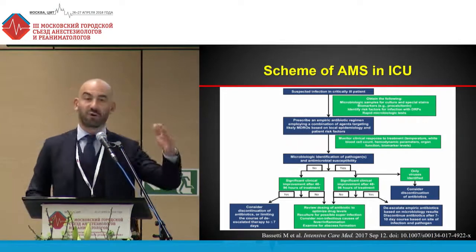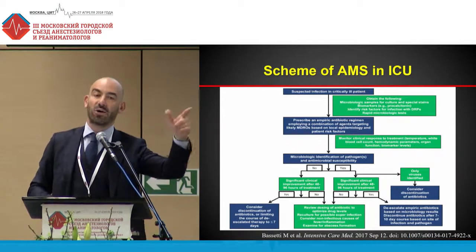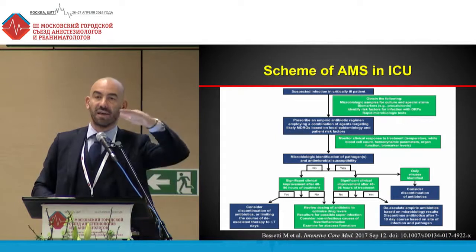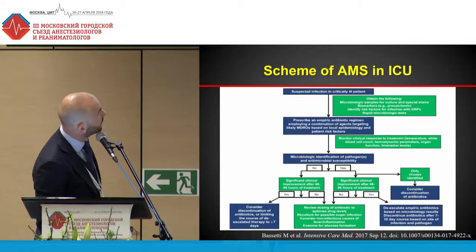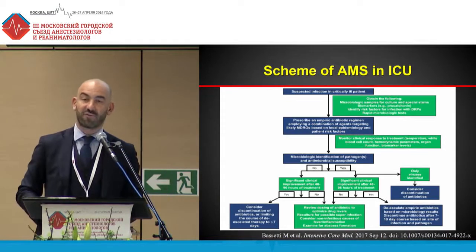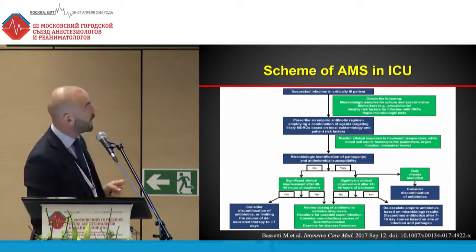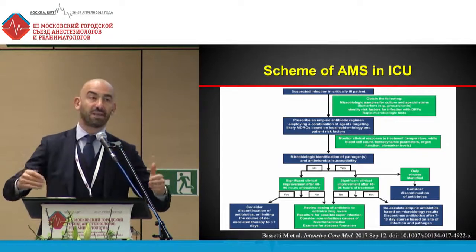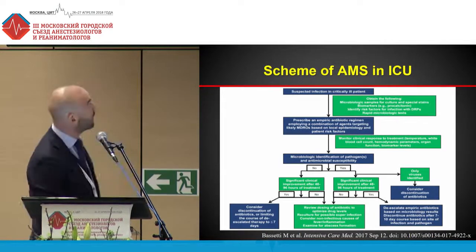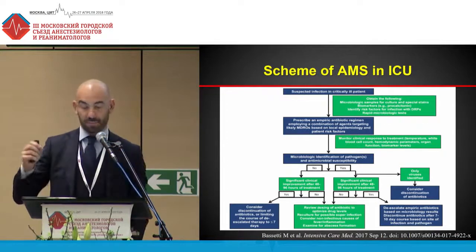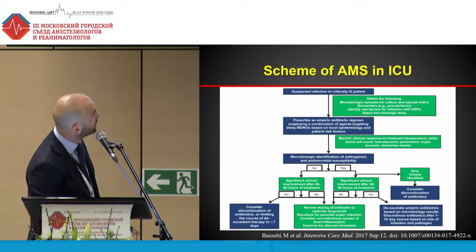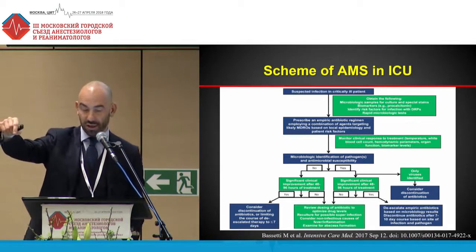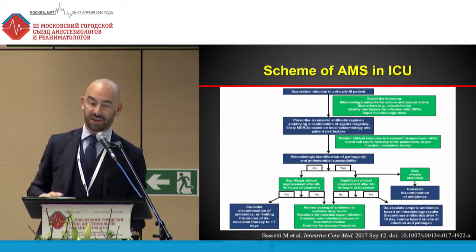Then, before starting an antibiotic, biomarkers, procalcitonin, in order to have the time 0 level of procalcitonin. Then, identify risk factors for infection with resistant strains. And then, if you have it, use the rapid microbiological test.